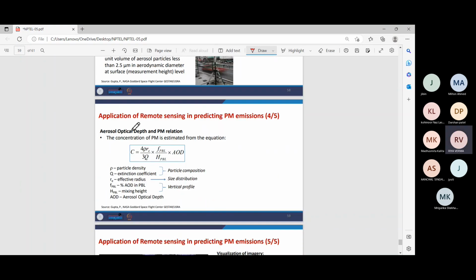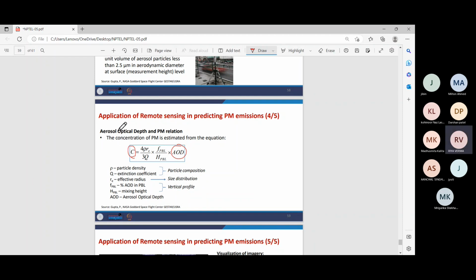So how is the concentration of particulate matter related to your AOD? Here it is the concentration of particulate matter and here it is your AOD. So we have 4 rho RE, where RE is the effective radius of the particulates and rho is the particle density, divided by 3Q, where Q is the extinction coefficient.